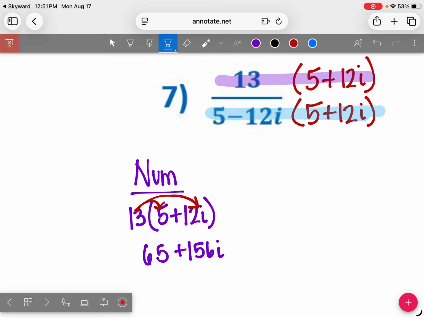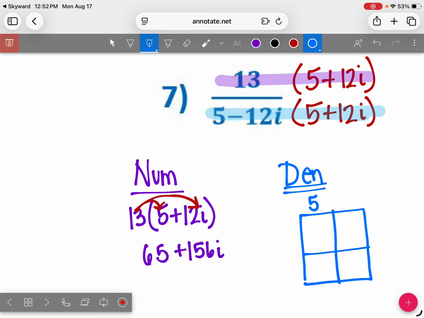So that's a binomial times a binomial. In other words, there's two terms divided by a subtraction or addition sign. So we're going to make a box. Now, if you learned another way, FOIL, distributive property, do whichever method you are comfortable with or accustomed to doing.